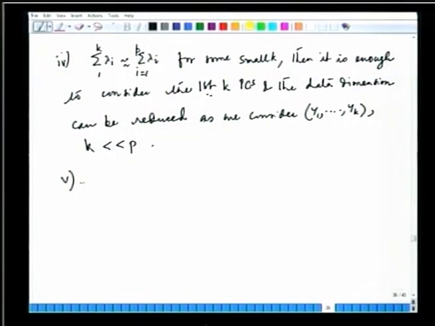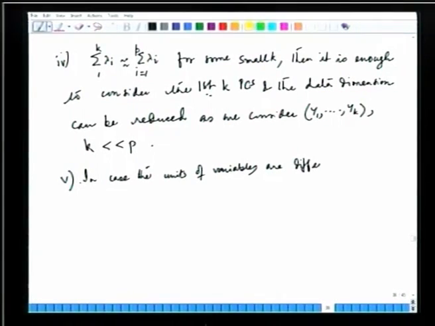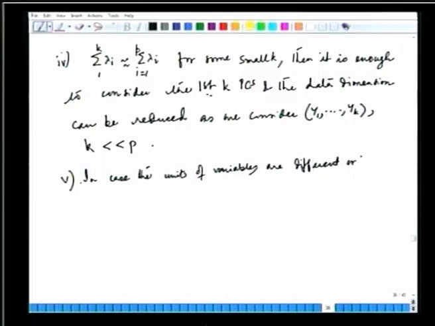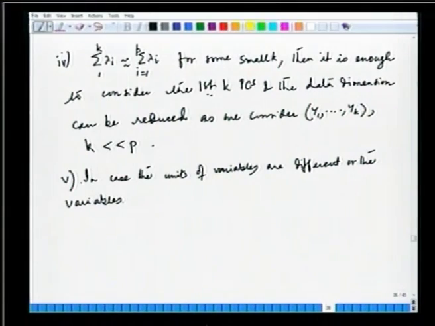So, standardizing the variables. In case the units of measurements of the variables are different, which is bound to happen in practical situations, we shall consider variables from different fields which are bound to have different units of measurement, and they can also have a totally different and very high range of variation.